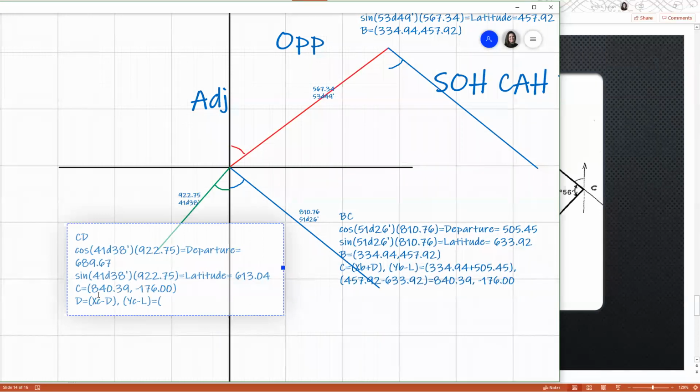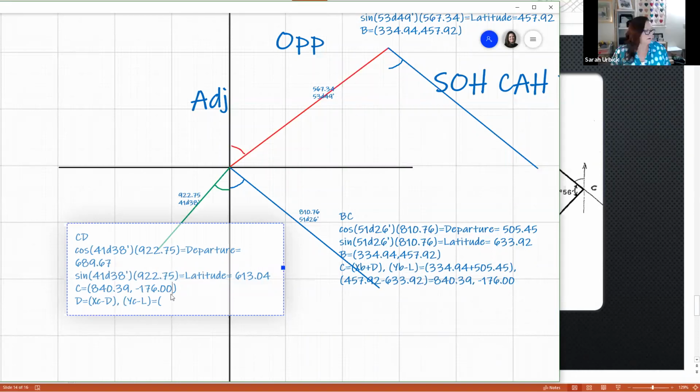Right. So my x coordinate from C, my x coordinate minus my departure. So I have 840.39 minus 689.67. And negative 176.00 minus 613.04.